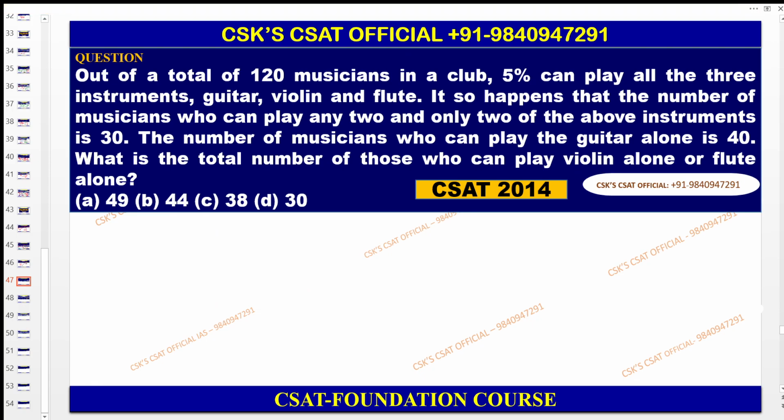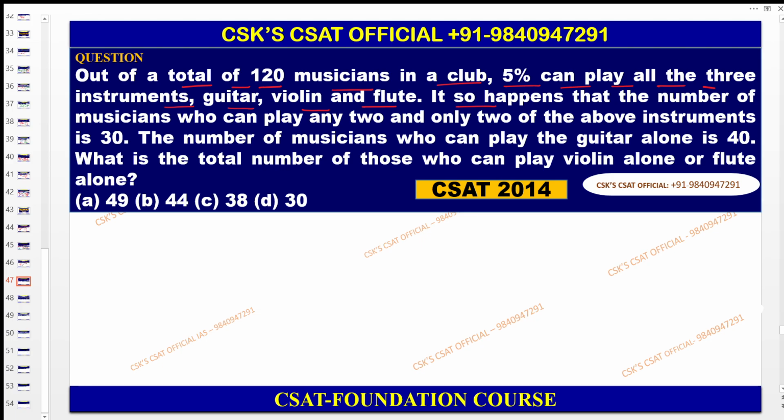Here this question is related to the following: out of a total number of 120 musicians in a club, 5% can play all three instruments: guitar, violin, flute.